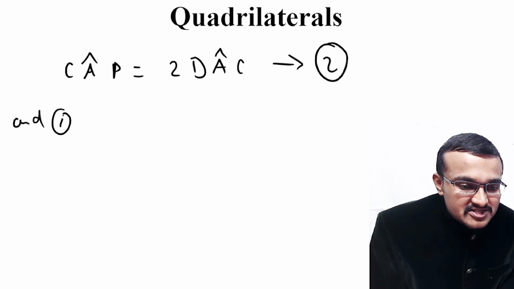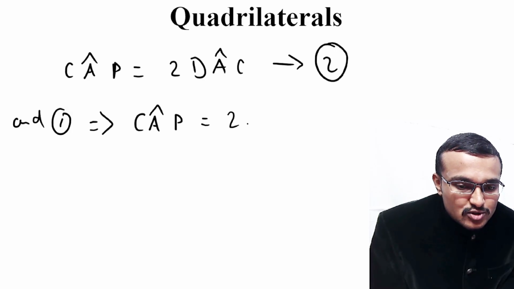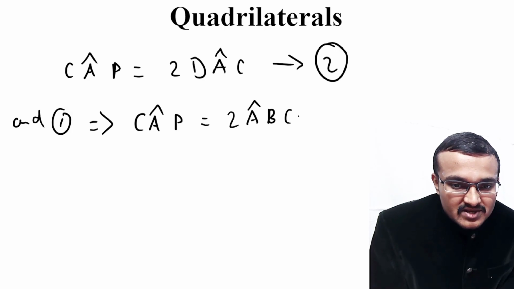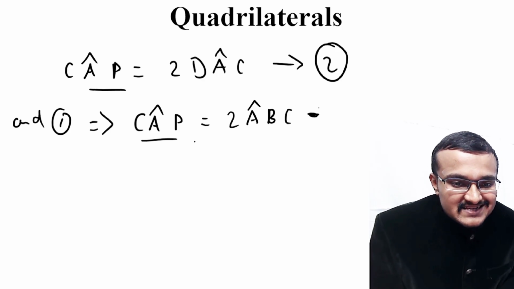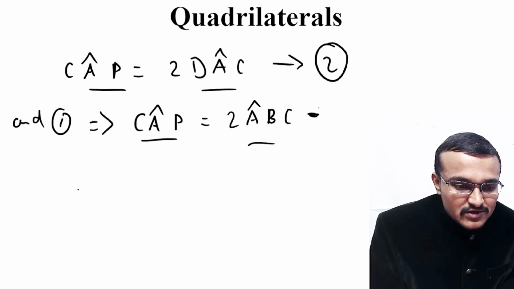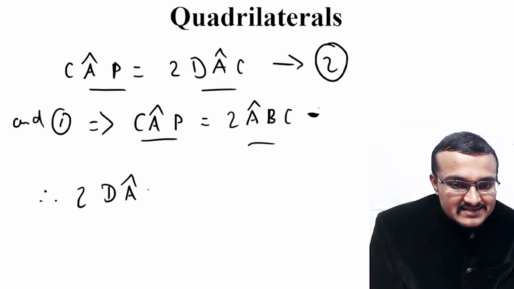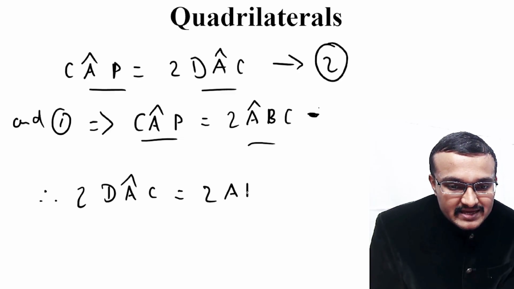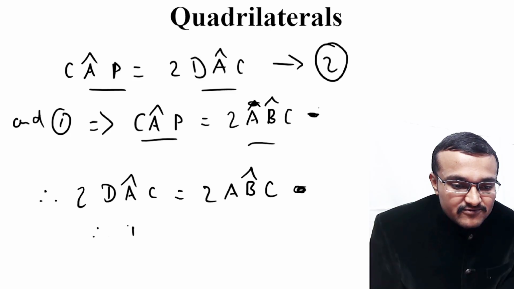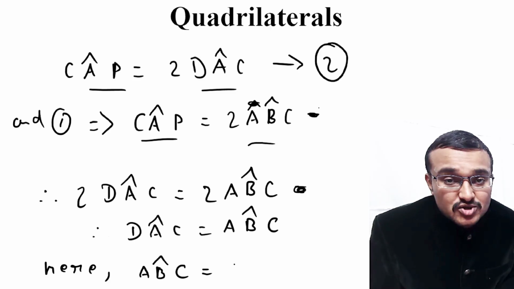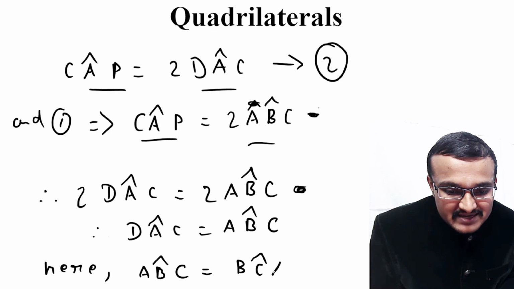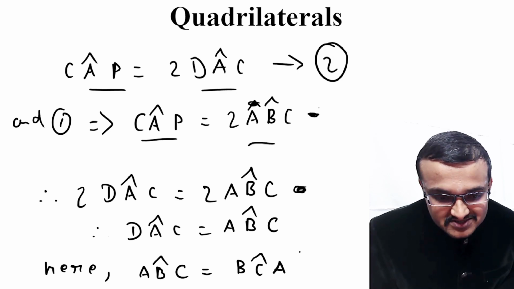And from equation 1, we have CAP is equal to 2ABC also. So this is also equation 1 we have. So here you can see LHS are equal, so RHS should be equal to each other. So therefore 2DAC is equal to 2ABC. So therefore DAC is equal to ABC. So here ABC is equal to BCA because ABC is an isosceles triangle.